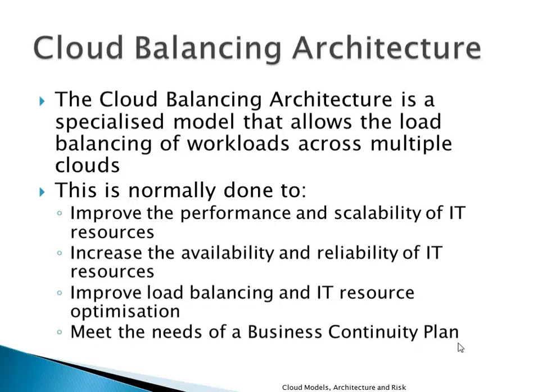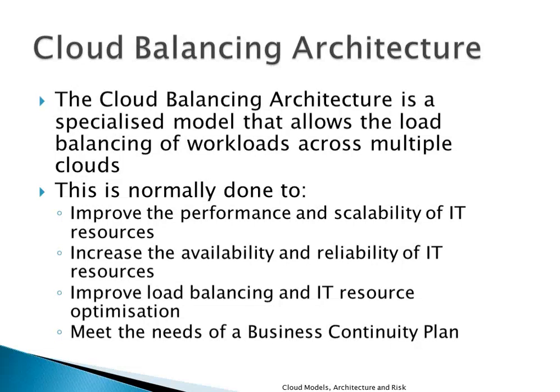Okay, cloud balancing architecture is the next one that we want to look at, and this is again a specialised model that allows you to balance workloads across multiple clouds. Normally you're looking to do this because you want to improve performance and scalability of your resources, or increase the availability and reliability of your IT resources, or improve load balancing and resource optimization, or meet the needs of your business continuity plan.